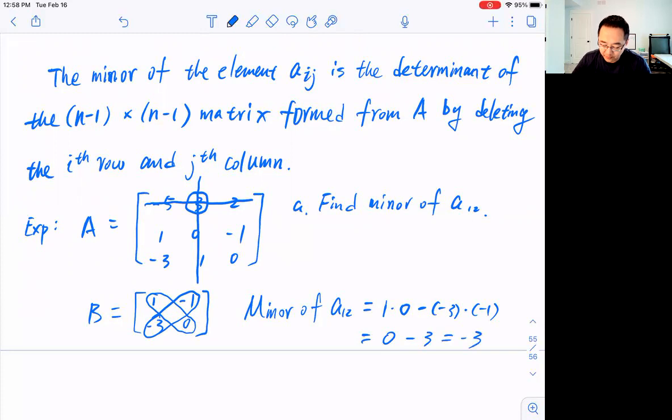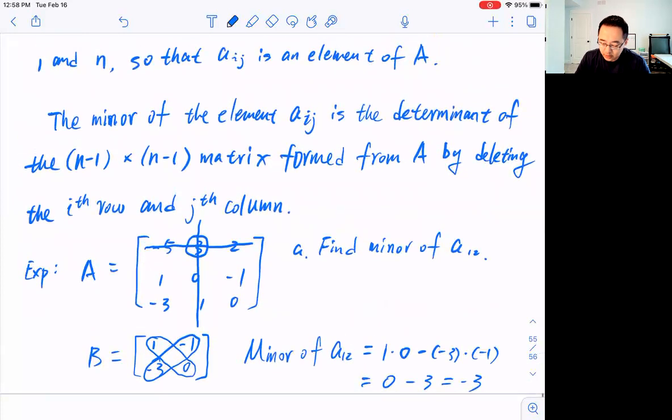So that's how you find the minor of a matrix. You take whichever element you're finding the minor for, and then delete the row that element is on and the column that element is on. Once you delete that row and that column, whatever matrix you have left, you find the determinant of it, and that will be the minor of that particular element you began with.